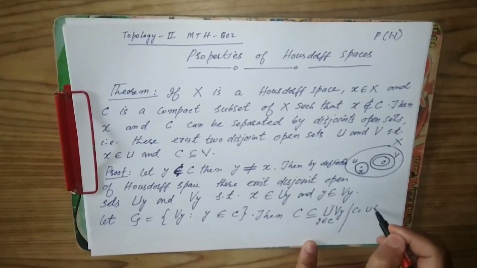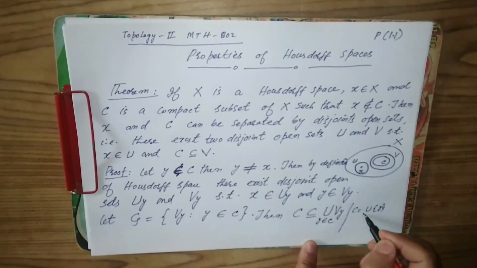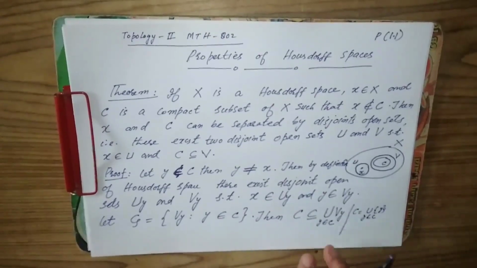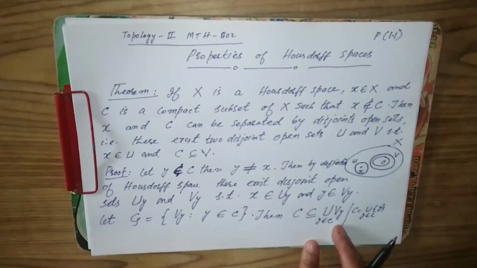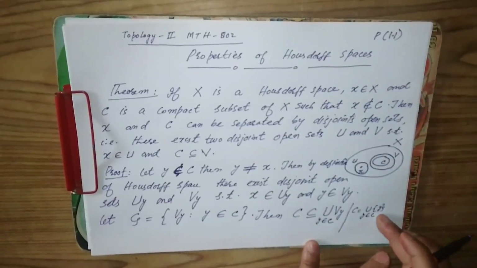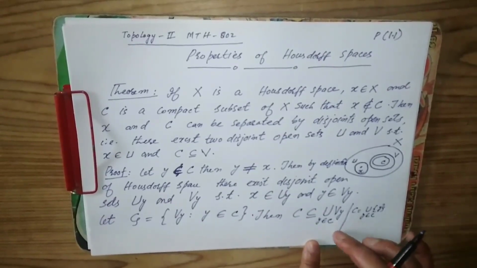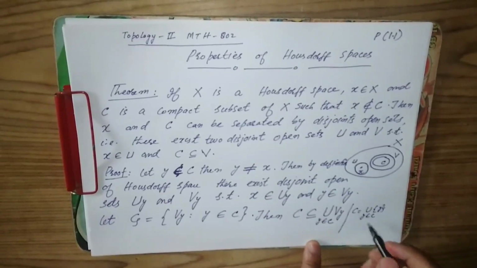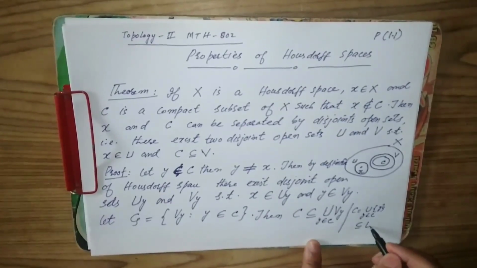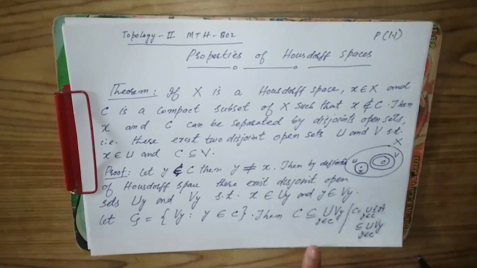It's the union of the singleton sets {y}, where y belongs to C, and each y is a member of Vy. So each singleton set {y} is a subset of the open set Vy. So C will be a subset of the union of Vy, where y is in C.